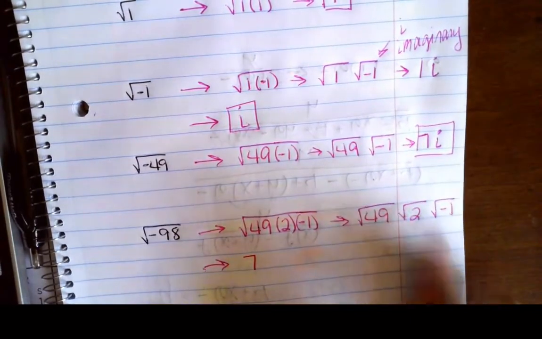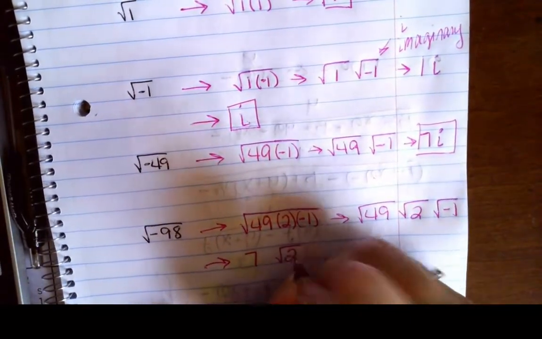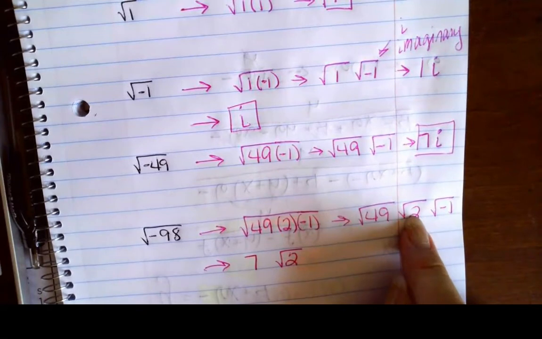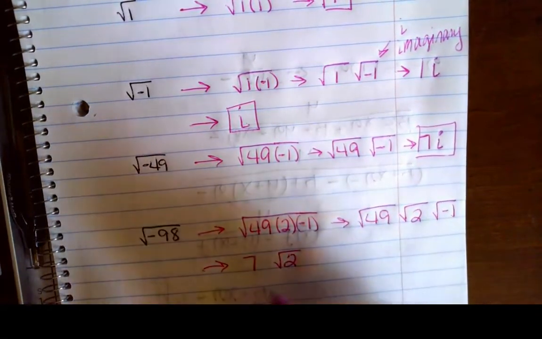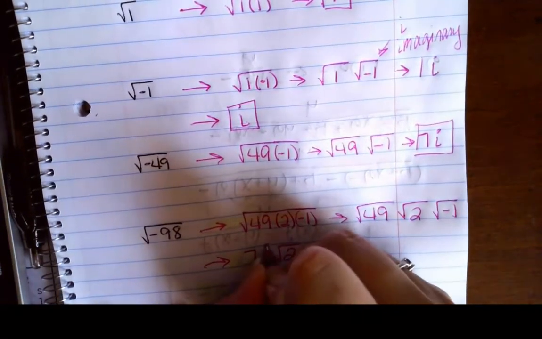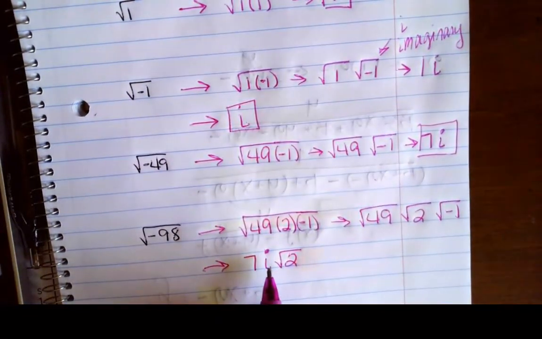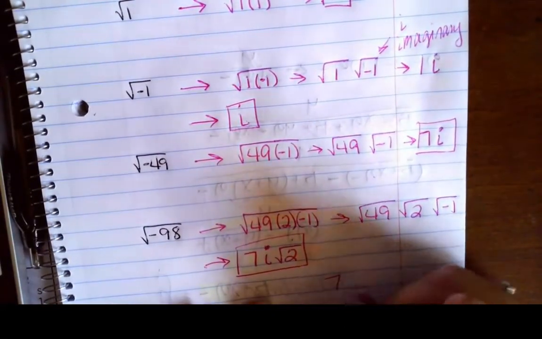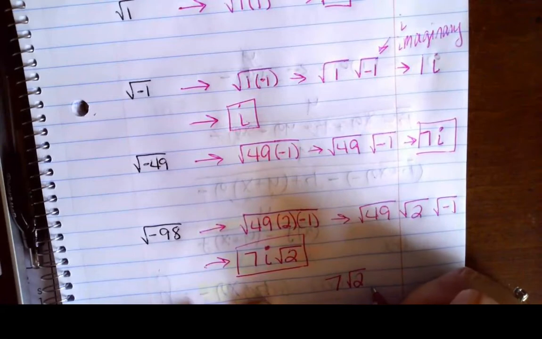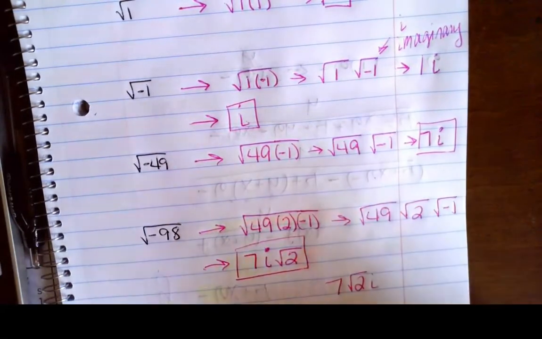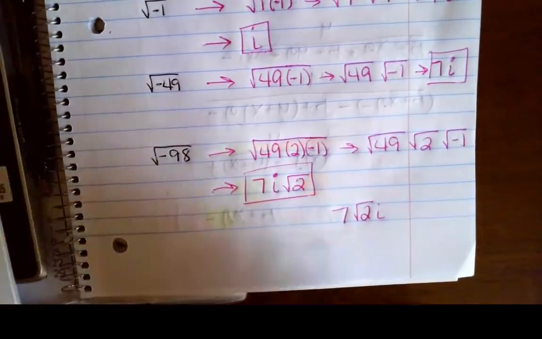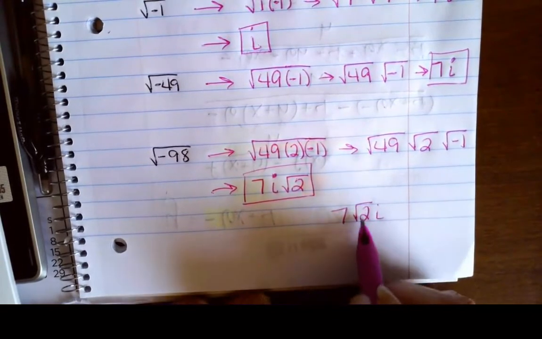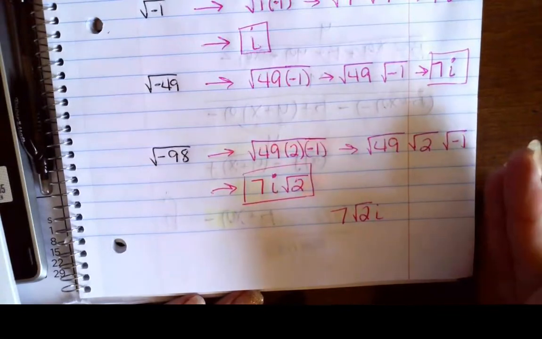The square root of 2, I can only approximate with a decimal, so I'm going to leave it as the square root of 2. And then the square root of -1 is i. And notice now I've moved it out front, in front of the radical. That is because this is your final answer, and I want to be careful of the danger. If I write 7 times the square root of 2 times i, I don't know if that i is under the radical with the 2 or if it's next to the radical.